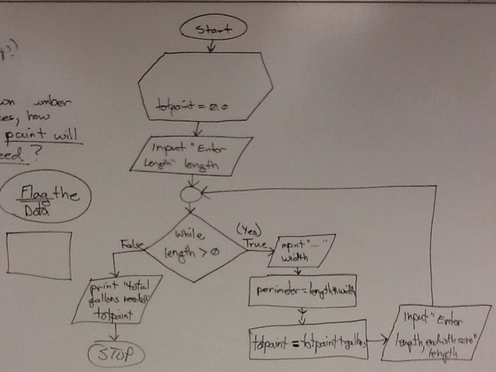Look at the flow chart. Not everything's here, but I have the start. Total paint is 0.0, so that we have a float, a real number. We input the length and the width, and then we check.